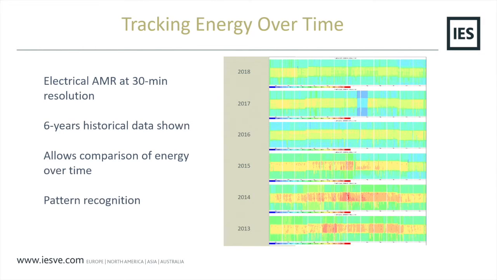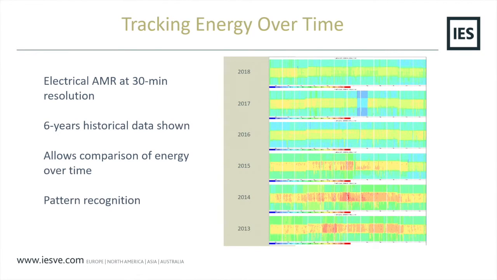So if we can track information over time, this is what we can get. This shows you a sort of heat map, and it shows us half-hourly electrical use over a 6-year period. Down at the bottom, we have 2013.